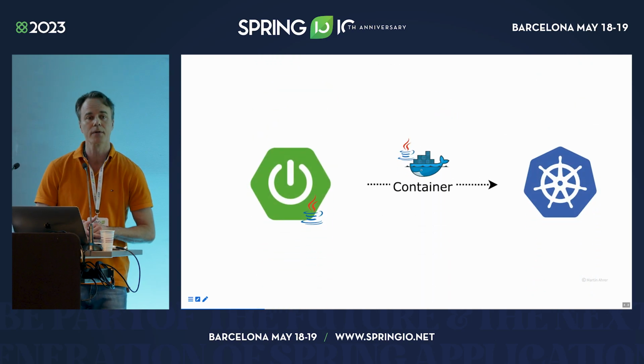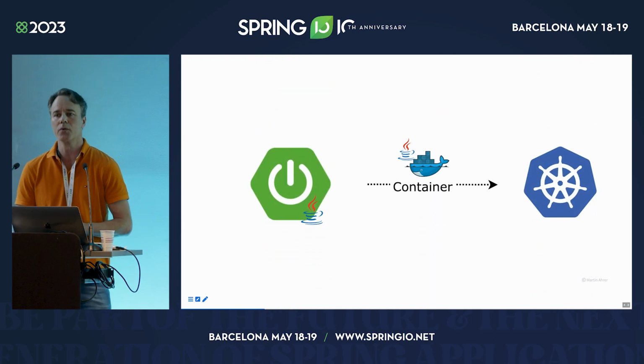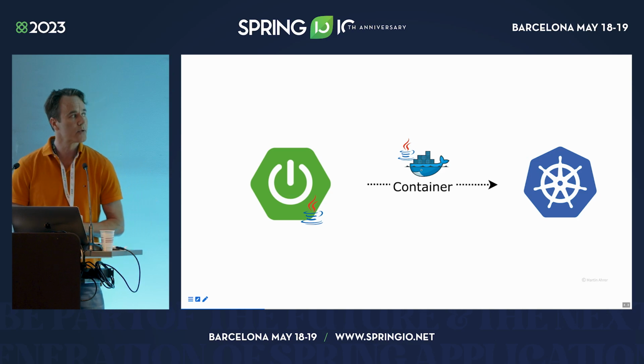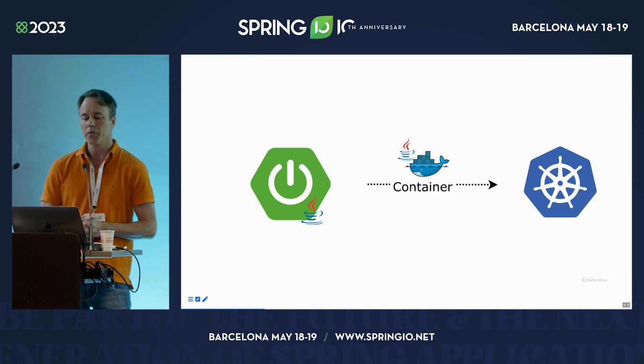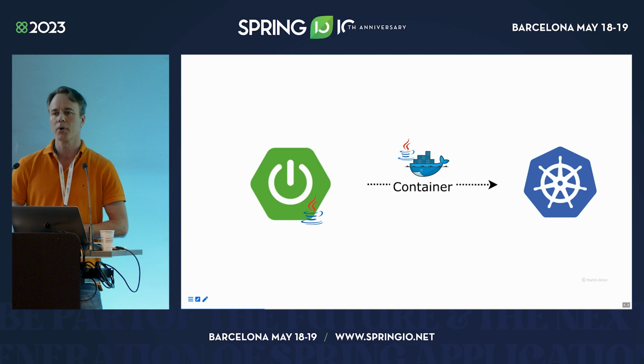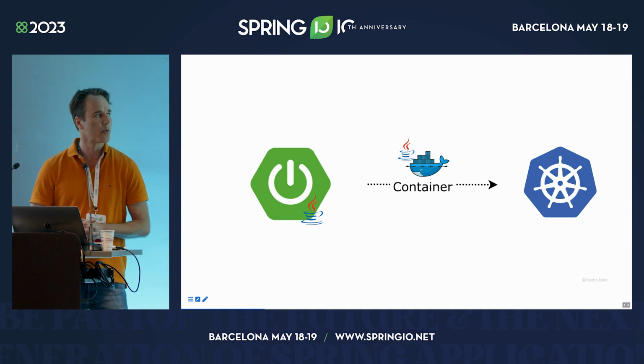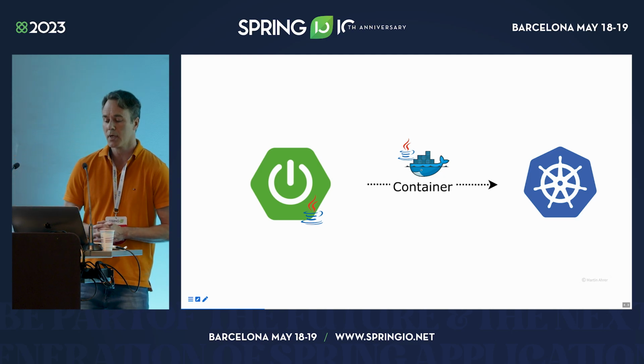Then, like 10 years ago, Docker made containers very popular, so we started packaging our Spring Boot application as container images, and as Kubernetes got very popular, we started to deploy those containers to Kubernetes.